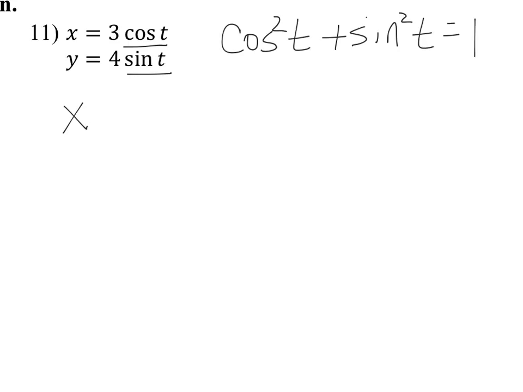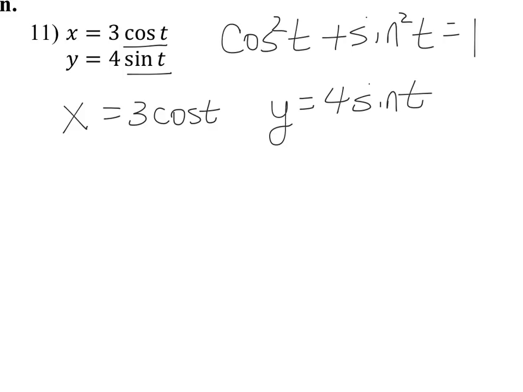So I'm going to write these together like this. And I'm going to write my y equation over here as well. Let me erase this. Okay, so we have y equals 4 sine t.